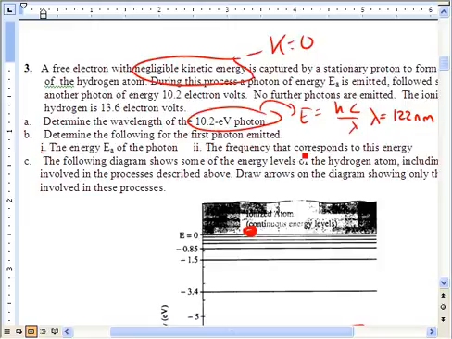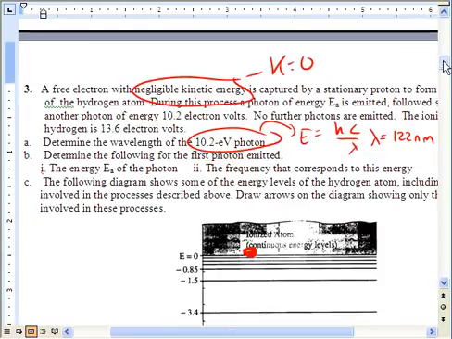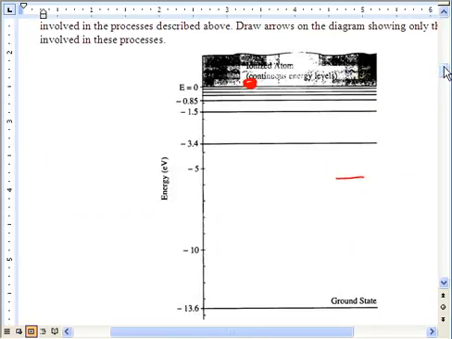Okay, determine the following for the first photon emitted: the energy of the photon. Let's think about this. We have an electron that drops from here to some excited state, emitting an energy EA. Then it drops again, emitting another photon. So it emits twice. But it tells us the second photon emitted is 10.2 electron volts, and that nothing else is emitted after that.